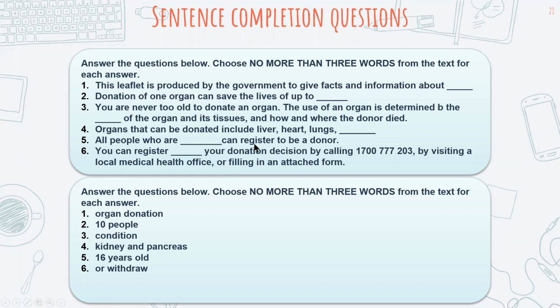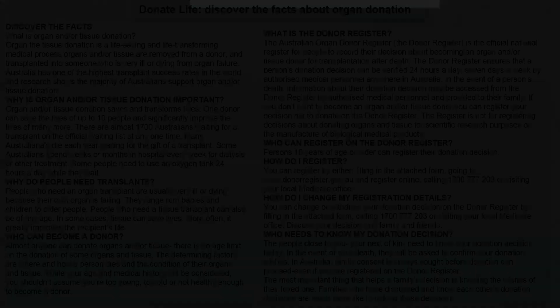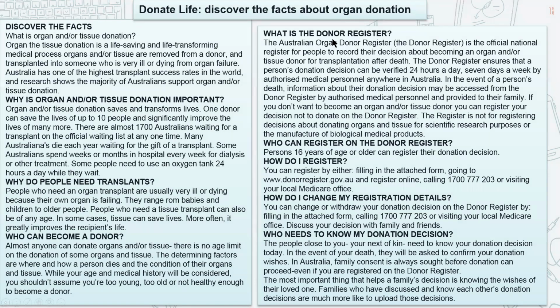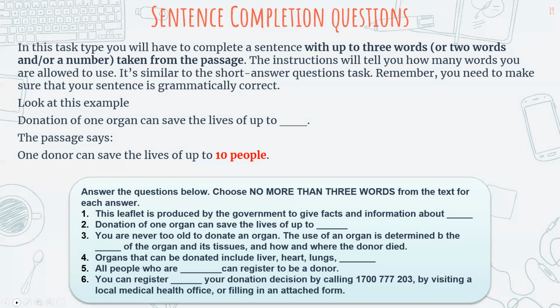So register and donor. Who can register on the donor register? Persons 16 years of age or older can register their donation decision. So this is the answer. 16 years. Okay. This is the answer.